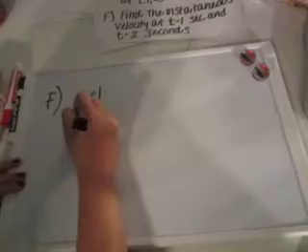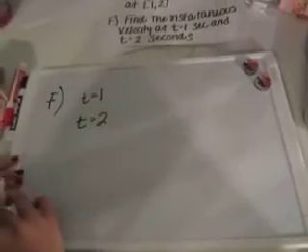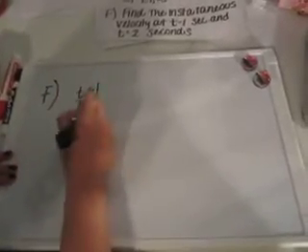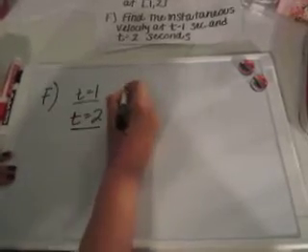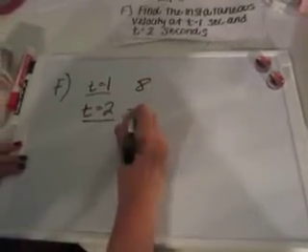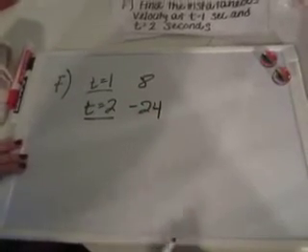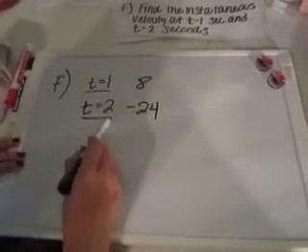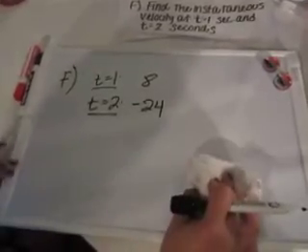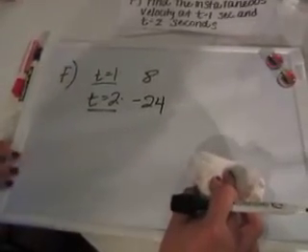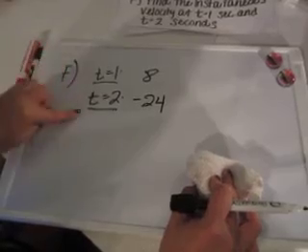But we already found this from the last step, so we know that t1 we plugged into the velocity function. So t1 was 8 and t2 was negative 24. So that is the instantaneous velocity at second 1 and at second 2.